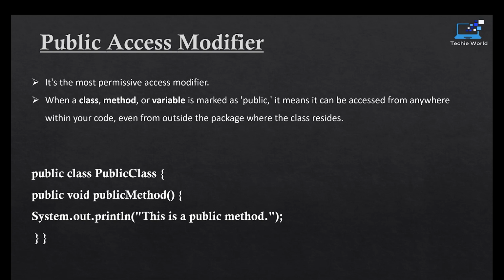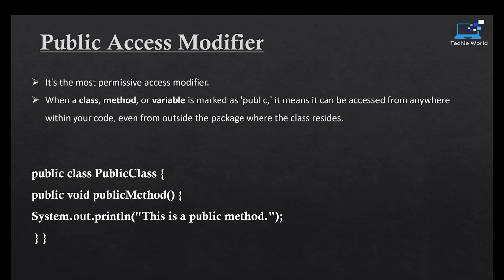So for instance, here the public class can be accessed from any other class, even those that are available in a different package. Okay, so that's how the public access modifier works. If a class or method or variable or constructor is public, then it can be accessed from anywhere in your application. That's why it is called the most permissive access modifier.